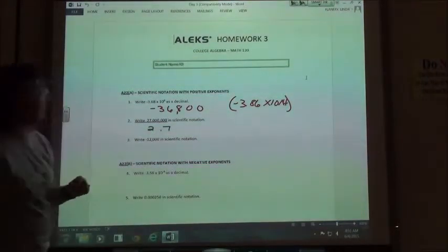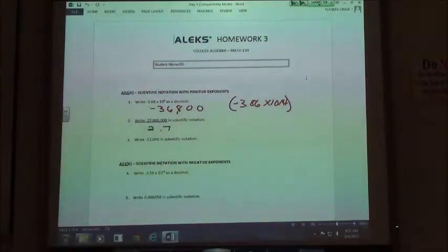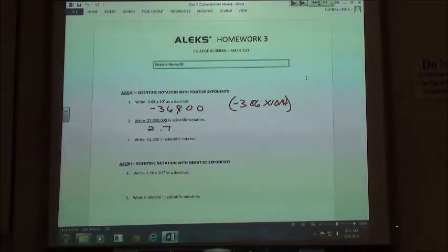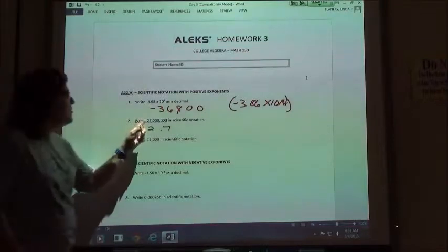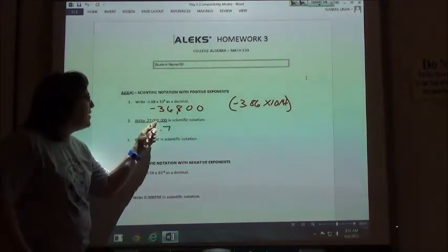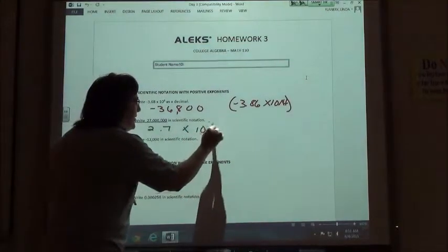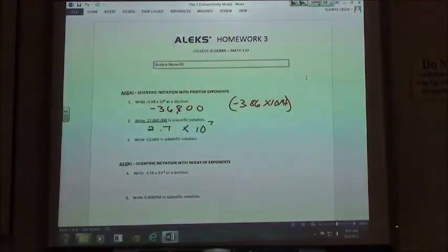I'm going to have to fix that in a minute. And then I'm going to count the spaces that I need to move my decimal. I can drop off all the extra zeros, which is kind of the point of scientific notation, to shorten it up. I have to move my decimal 1, 2, 3, 4, 5, 6, 7 places. So 2.7 times 10 to the 7th.